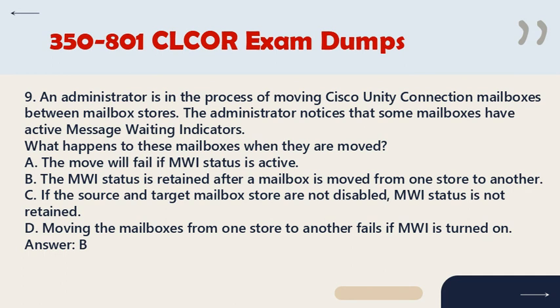B. The MWI status is retained after a mailbox is moved from one store to another. C. If the source and target mailbox store are not disabled, MWI status is not retained. D. Moving the mailboxes from one store to another fails if MWI is turned on. Answer: B.